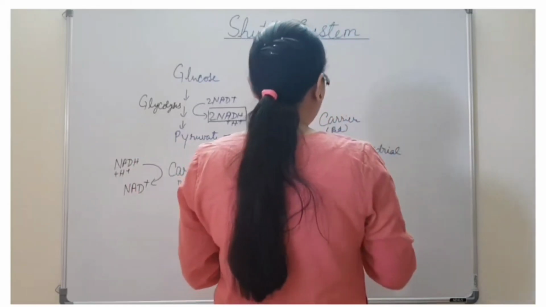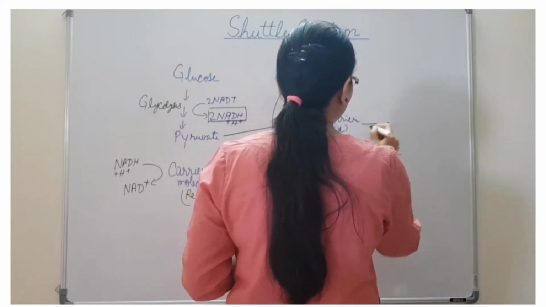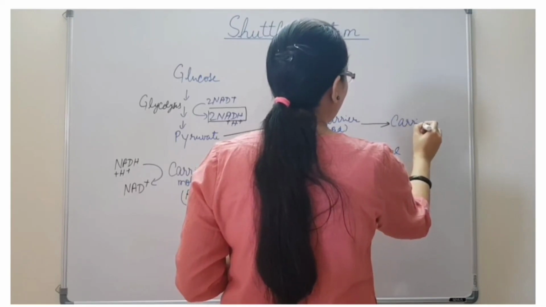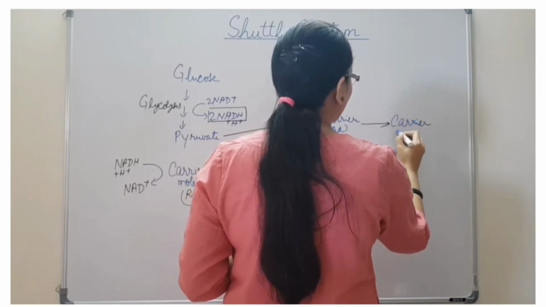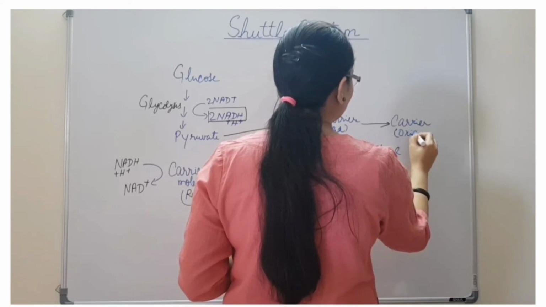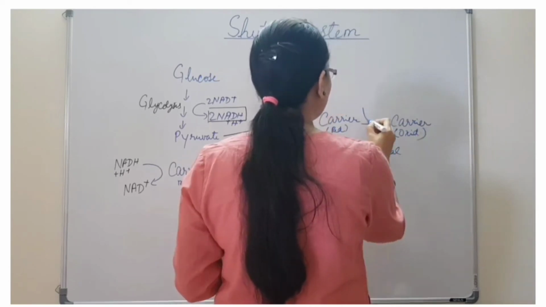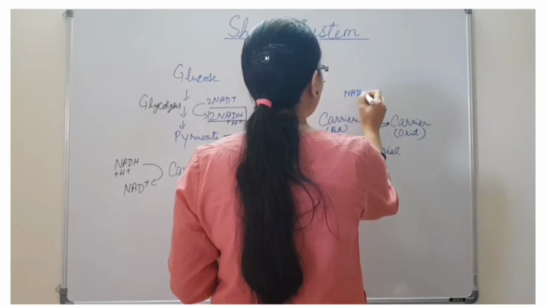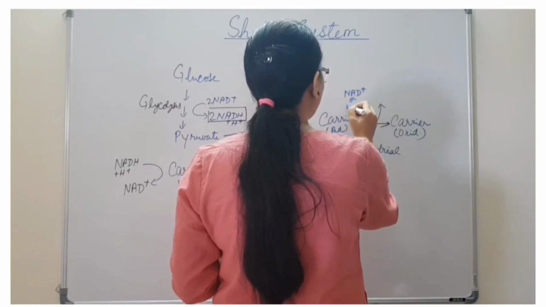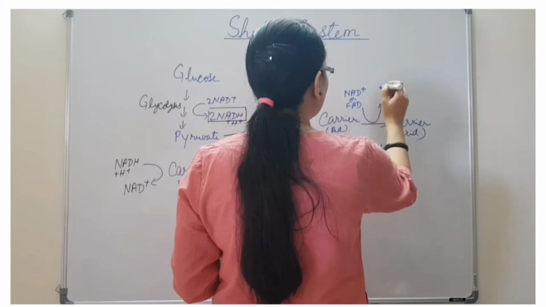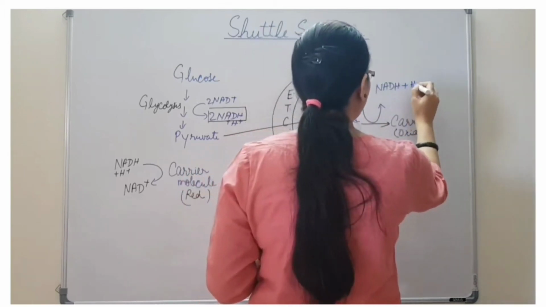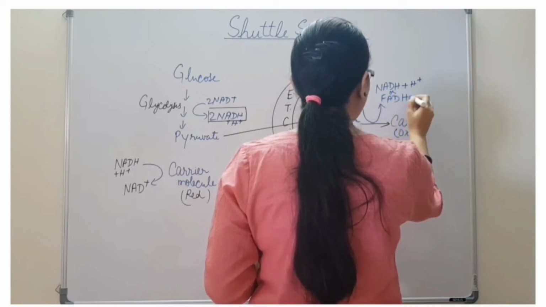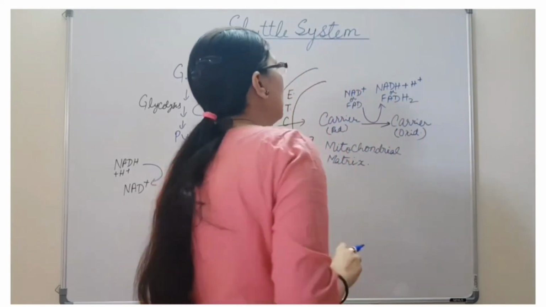Inside the mitochondrial matrix, it is converted into the oxidized form and it transfers its reducing equivalent to NAD plus or FAD, which then gets reduced to NADH or FADH2, and this reaction is catalyzed by mitochondrial enzyme.